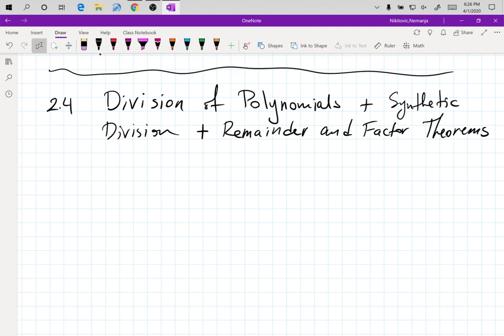So we have two of these. We have regular division of polynomials. So let's say you have x plus 3, this is an example, into x cubed plus 6x squared plus 2x minus 1.